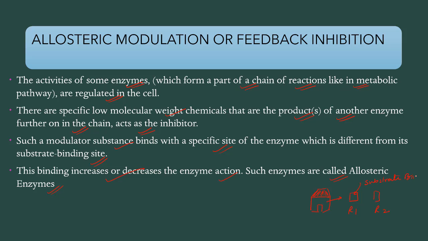Normally room 1 is occupied by the roommate. But if a wrong roommate, or more roommates than required, attach to this R1 active site or substrate binding site, then there is an accessory room R2. This R2 will help either stop the reaction or facilitate the reaction.